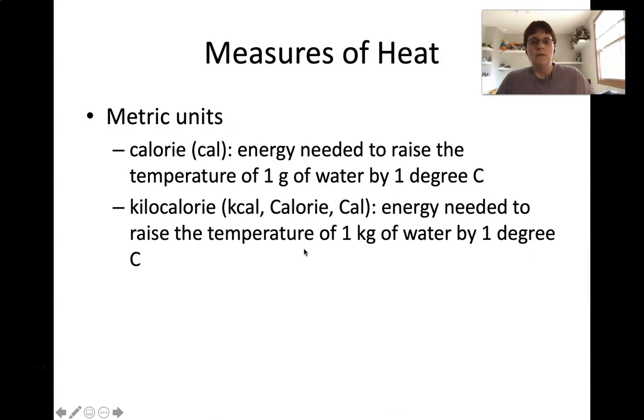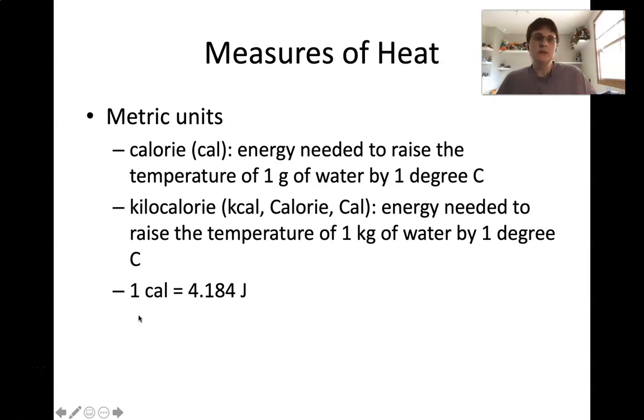Our food energy is measured in kilocalories in order to not have to put lots and lots of zeros after things. So next time you see a food package, take a look, because it's going to be marked with either kcal, or Calorie with a big C, or big CAL.